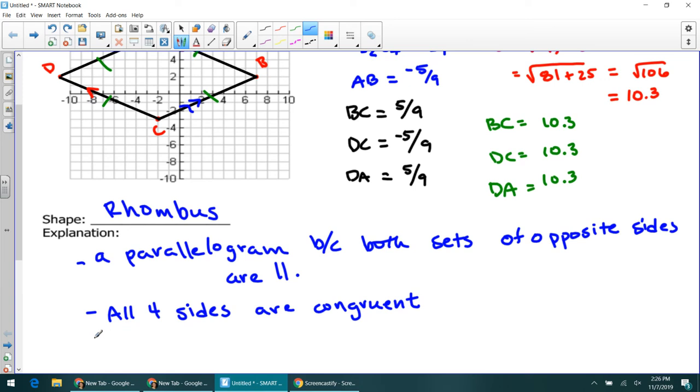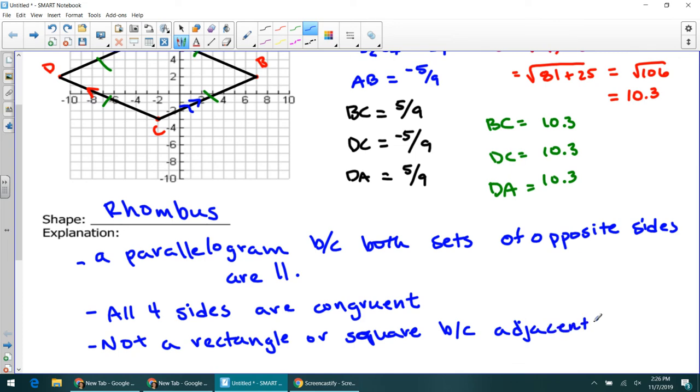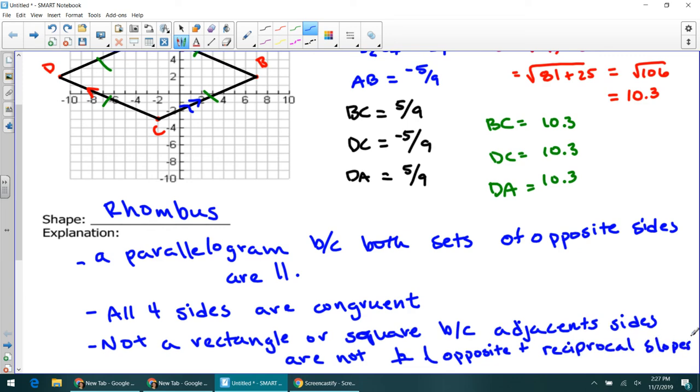It's not a rectangle or square because our adjacent sides are not perpendicular. Remember, to be perpendicular, that's opposite and reciprocal slopes. To be parallel, they have the same slope.